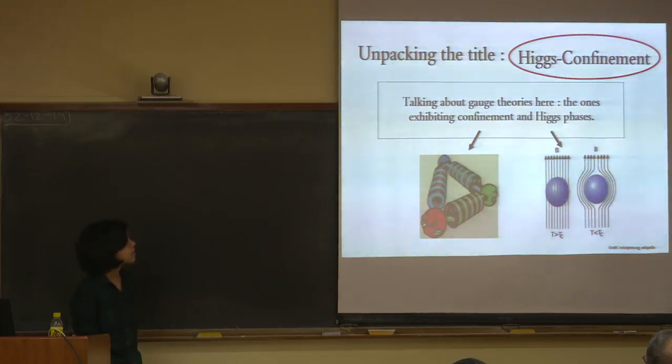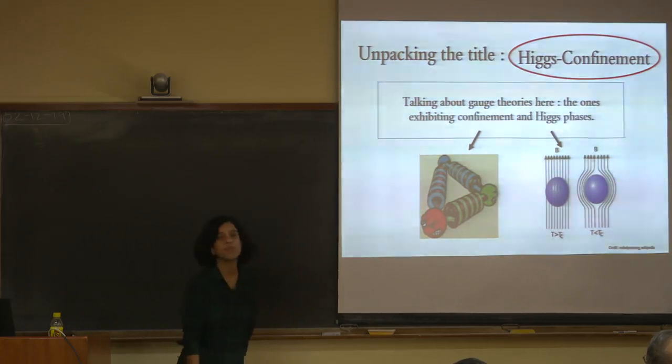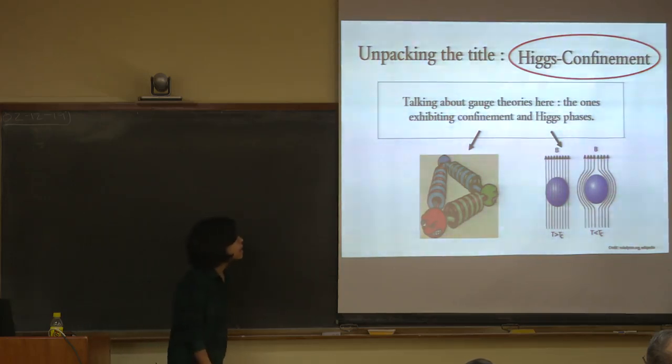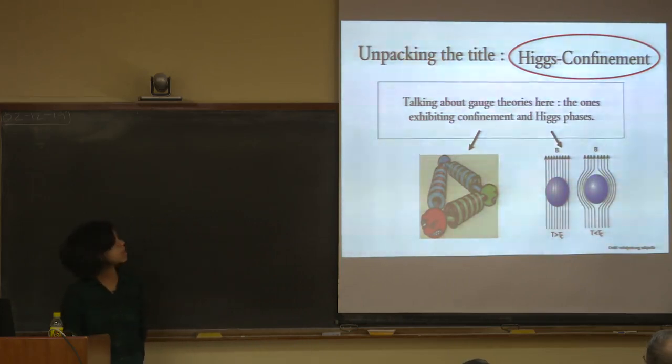And on the left-hand side, this picture is taken from the nobelprize.org website. So this is showing confinement in QCD. Now, it may look like I'm comparing apples to oranges, because one of them is a U(1) gauge theory, the other is an SU(3) gauge theory.